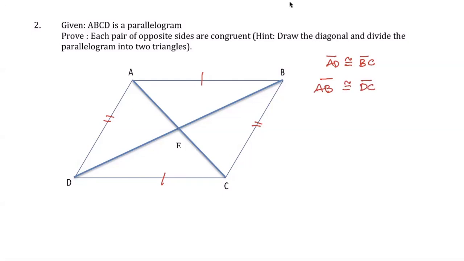And so since we have two pairs of sides that we want to show are congruent, we're going to need to use some of our triangle theorems to help us.